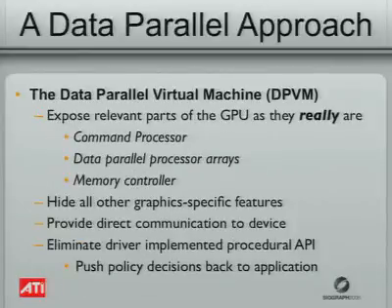So what we're presenting here is an alternative model, one that takes a data parallel approach, which we describe as the data parallel virtual machine. Unlike graphics APIs, this approach exposes the hardware and the relevant parts of the GPU as they really are. So the interface is provided through three major components: the command processor, the data parallel processor arrays, and the memory controller. Basically everything that's non-essential in terms of graphics features, we just hide because they're not all that relevant for doing compute.